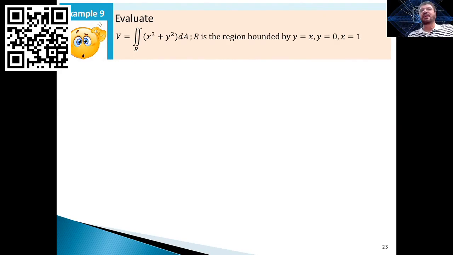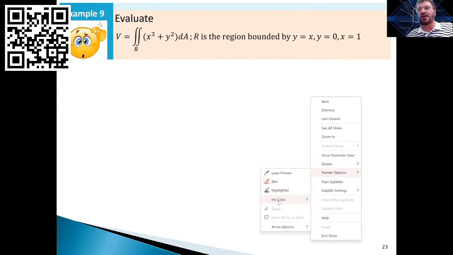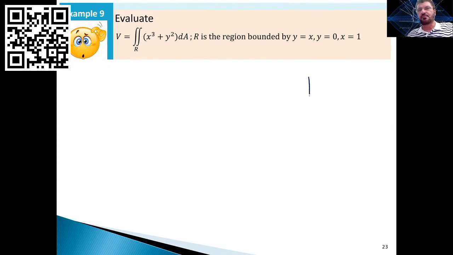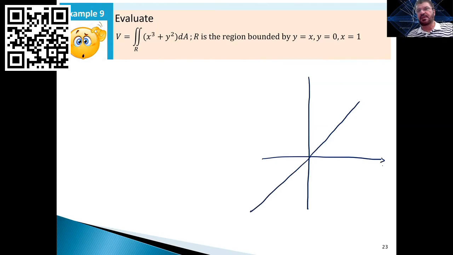All right. Evaluate this integral where R is the region bounded by... Let's graph the region and see what kind of region I'm going to use and how I integrate it. We have y equal to x. So this is the x-axis and this is the y-axis.